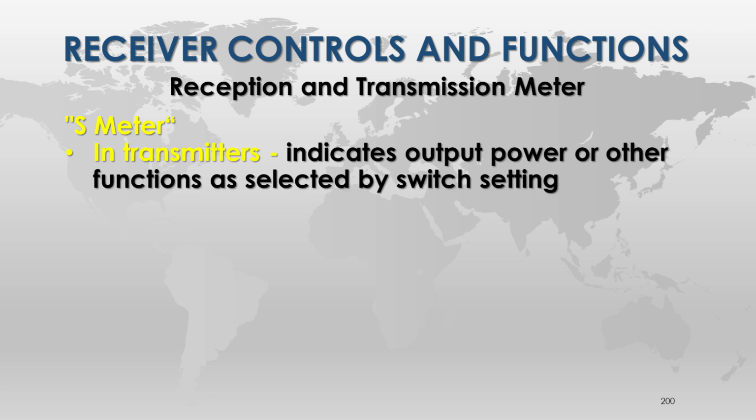In transmitters, it indicates the output power or other functions as selected by switch setting. So when I'm transmitting, there'll be either a needle moving or a set of dots on an LCD screen indicating how much of the available scale I'm putting out in power. In receivers, it indicates signal strength.